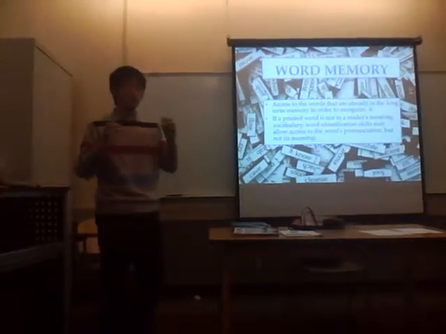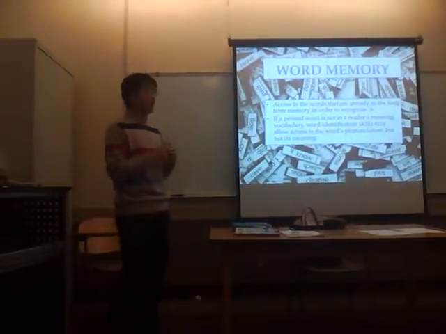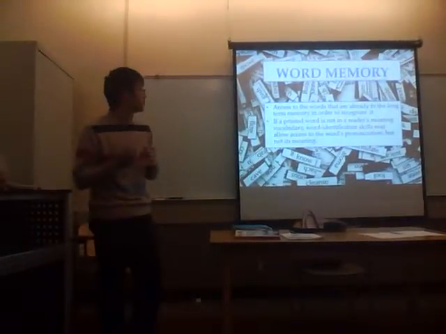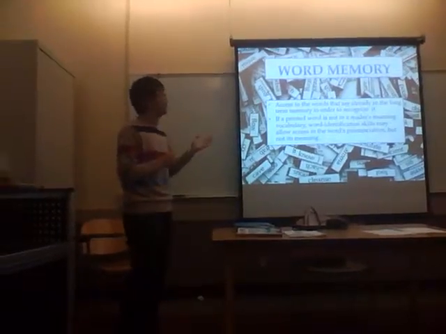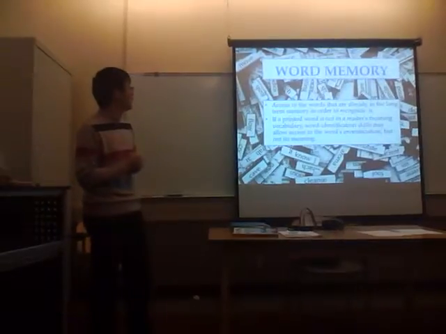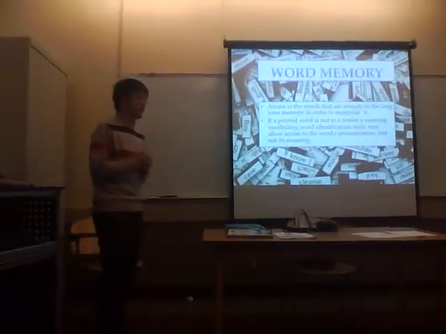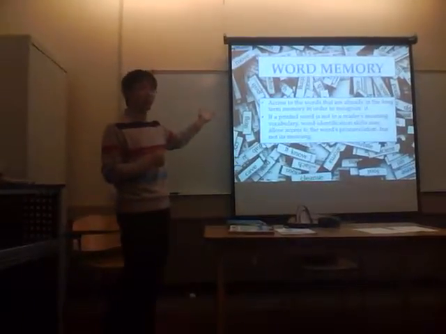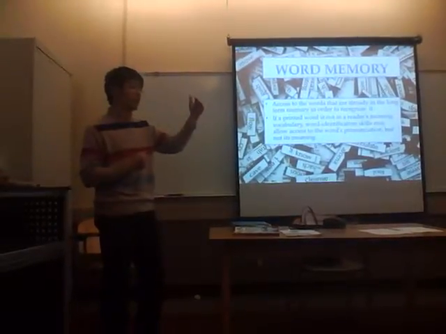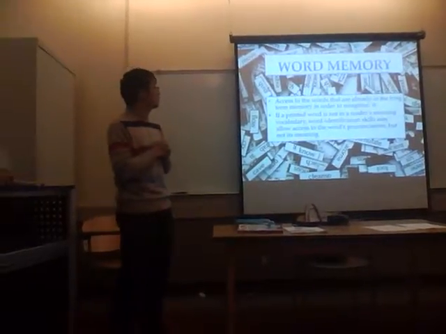Okay, when you remember the word in very short memory, you want to remember it forever in long-term memory, so you want to memorize the word. I can access the words that are already in long-term memory in order to recognize them. It's what we talked about before: you saw it, pronounced it, read it, and memorized it in short-term memory.